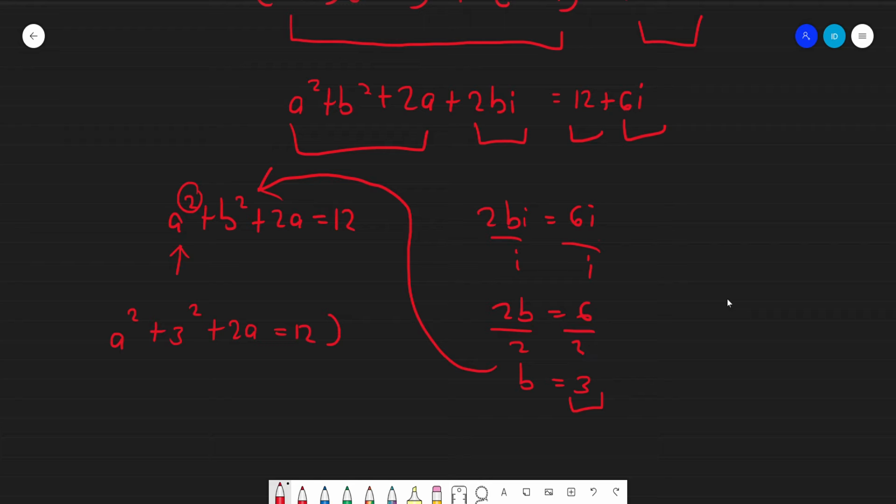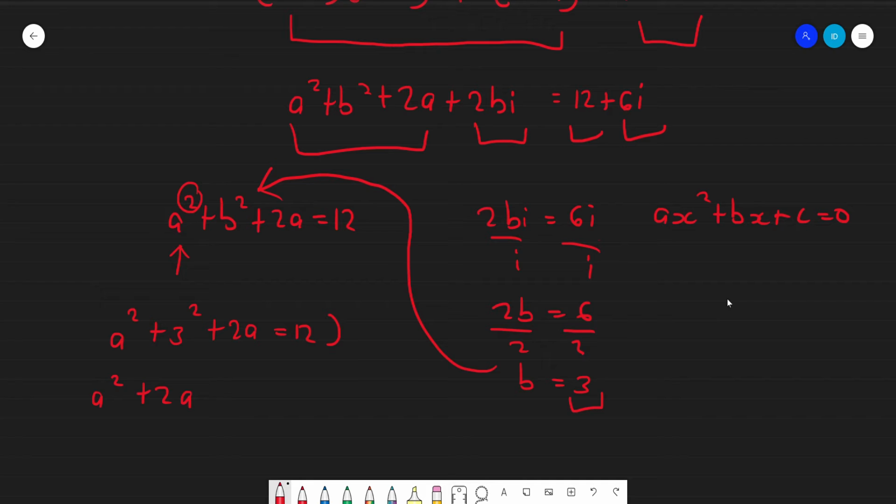So this creates an algebraic equation. All we have to do is make sure that it is in quadratic form, which is ax squared plus bx plus c equal to 0. Then we can solve it.